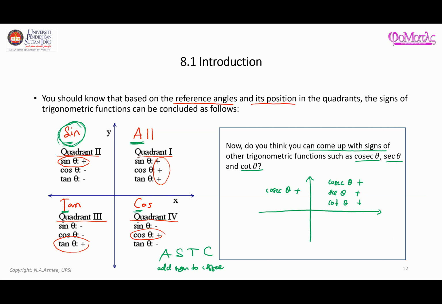For the third quadrant, only something related to tangent of theta will be positive, therefore cotangent of theta will be positive. And finally, only secant of theta will be positive in the fourth quadrant.